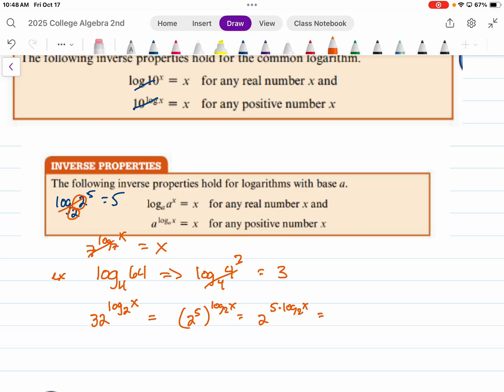Then we can use a logarithm property that I'm going to teach you in one of these sections, and we learned in Algebra 2: the 5 gets to come up to be a power, and this becomes 2 to the log base 2 of x to the 5th. Now I can go ahead and cancel the 2 and the log base 2, and my answer is x to the 5th. Again, a little bit complicated, a more advanced one for right now, but we will get there as we look at the course of this section and the next section that we get to tackle in this chapter.